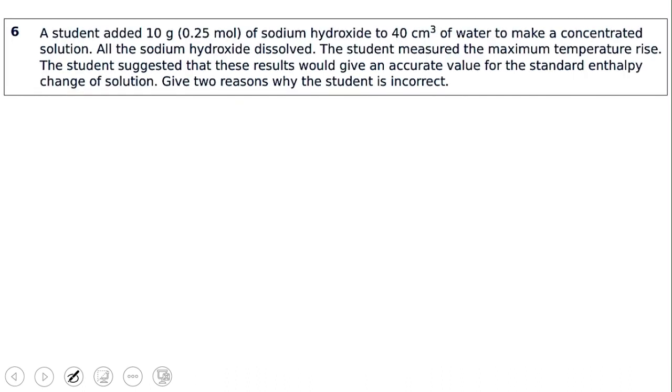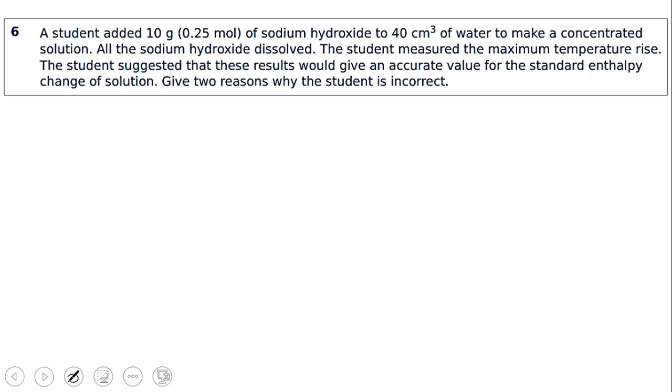Question number 6. A student added 10 gram, 0.25 mole, of sodium hydroxide to 40 cm cube of water to make a concentrated solution. All the sodium hydroxide will just dissolve in it. Student is going to check how much temperature is going to rise.